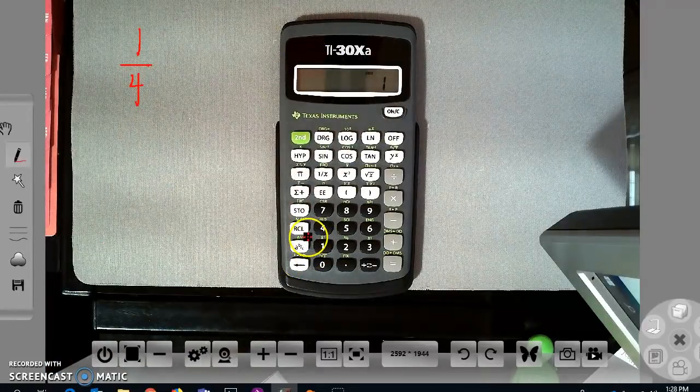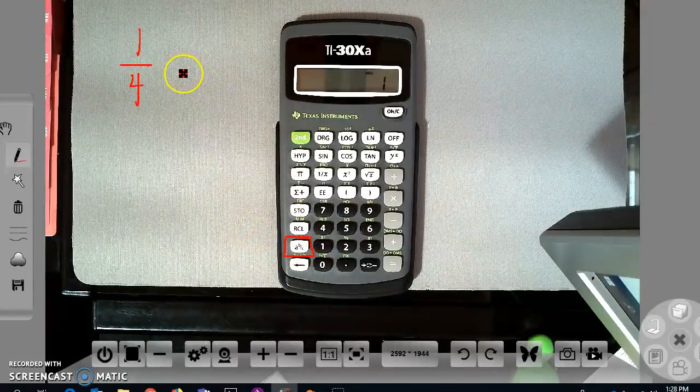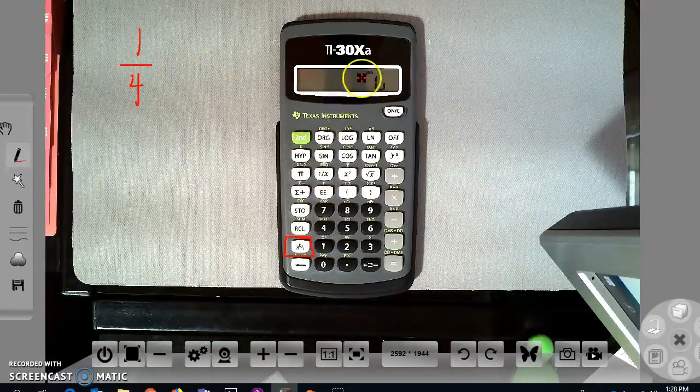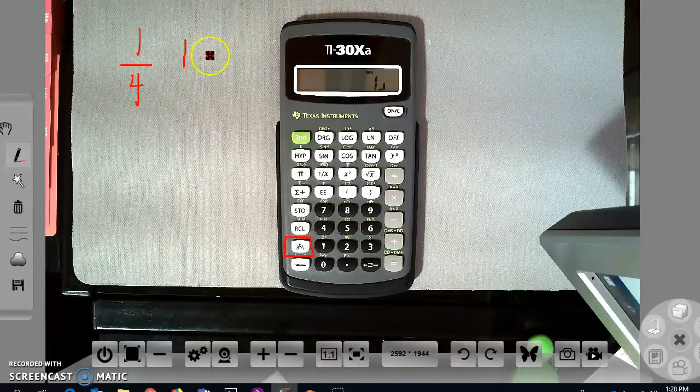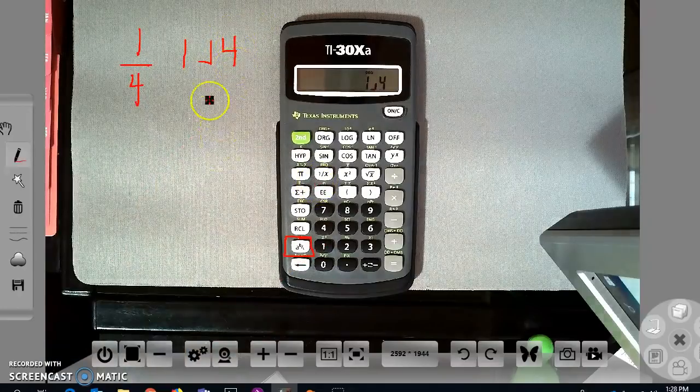And then this white button is going to be your fraction button. You should notice that it turns and looks like a backwards L. So it would be 1, L, and then you're going to press the 4. That translates to 1/4 in your calculator.